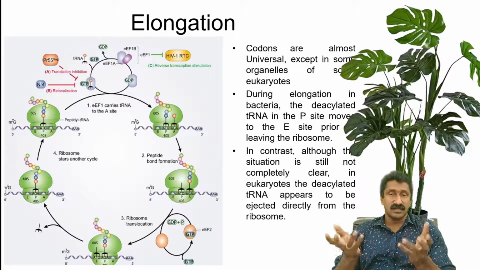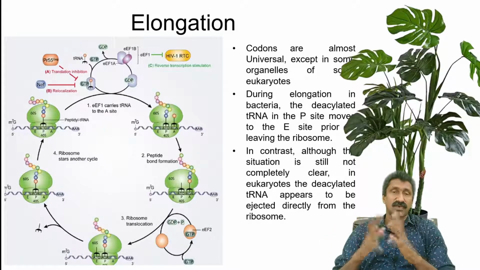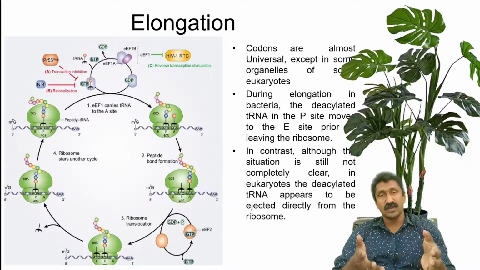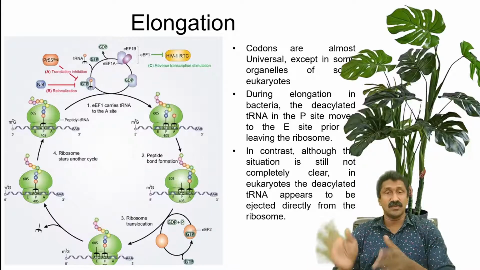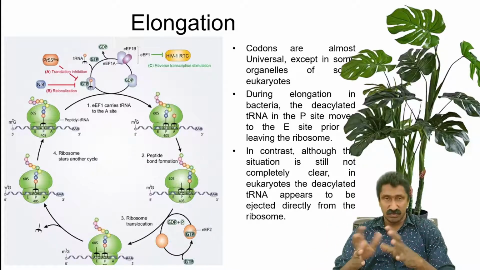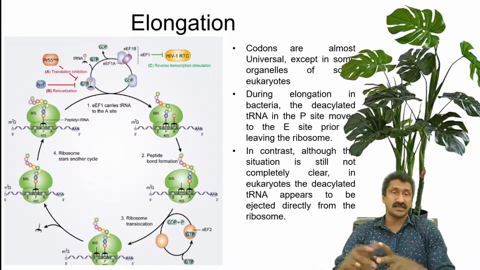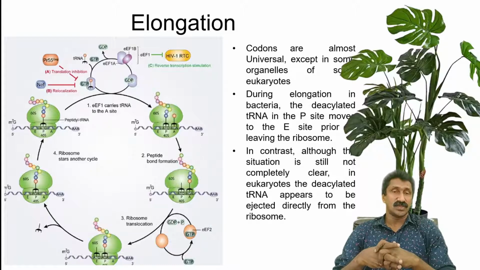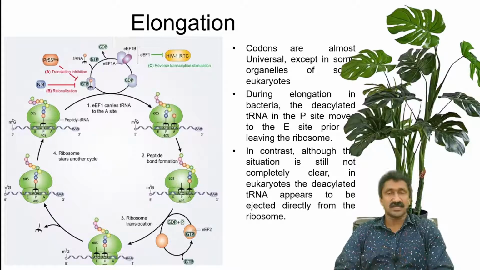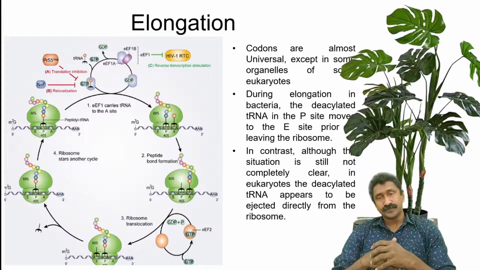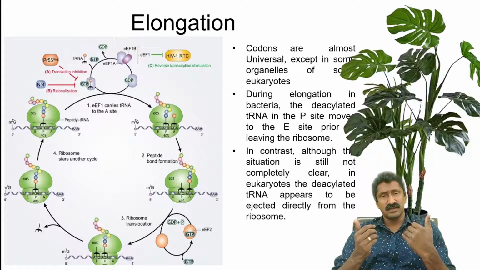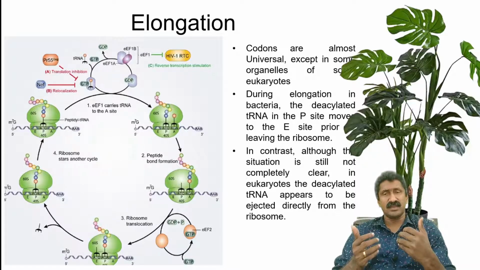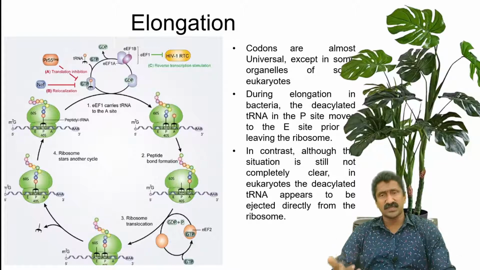And sometimes the entire unit can leave from the P site itself. It is not compulsory to move to the E site before leaving in the eukaryotic system. So it is not completely clear whether it always moves to the E site before leaving the ribosome. At least in some instances, the utilized tRNA which is present at the P site can directly leave.